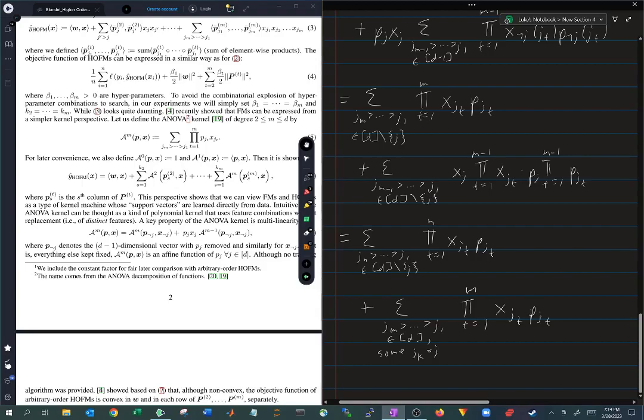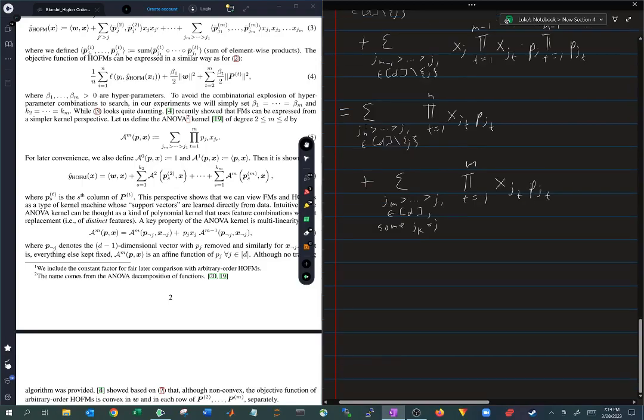Okay, but now what is this? We're taking two sums, and the things that you're summing are identical. The only difference is that here we're summing over integer sequences j1 through jm which are between 1 and d but do not include j, and here we're summing over integer sequences of length m between 1 and d which do include j. Any integer sequence from 1 to d either includes j or it doesn't.